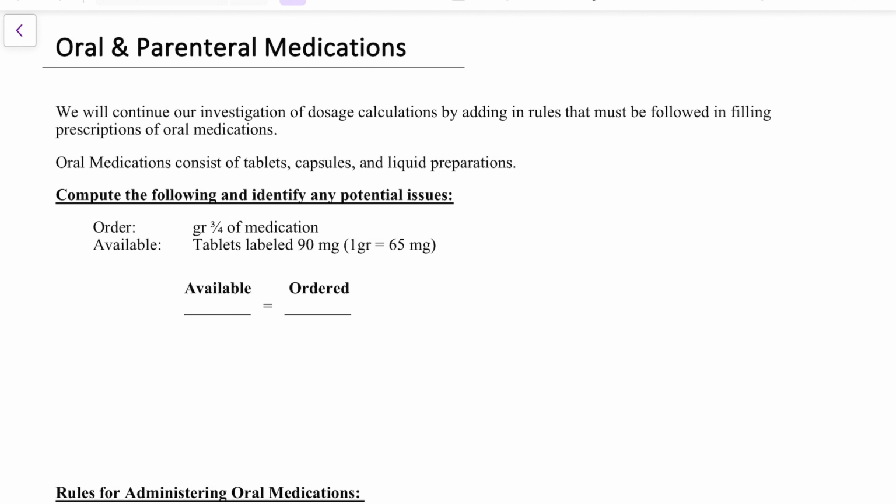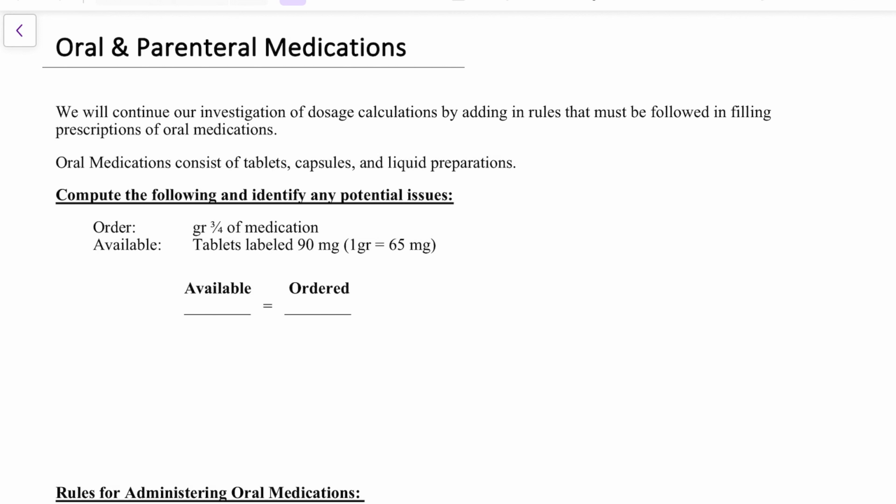So we're first going to look at oral medications, and these include tablets, capsules, and liquids. We looked at this question in the last video, but I want to look at it again and apply some of the rules we're going to be talking about. The order is 3/4 of a grain of medication, and the tablets that we have available are labeled as 90 milligrams, and I've written there that 1 grain is 65 milligrams.